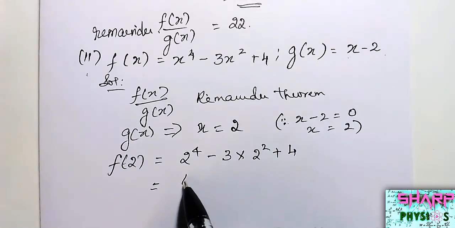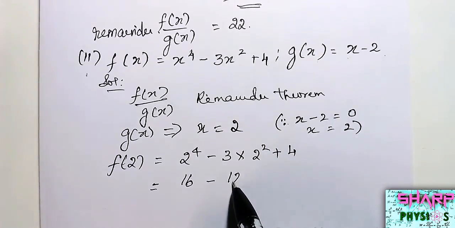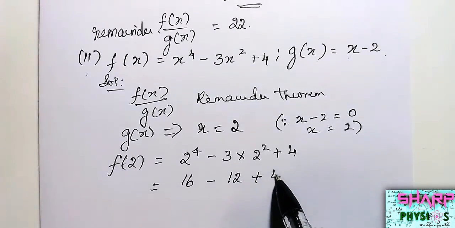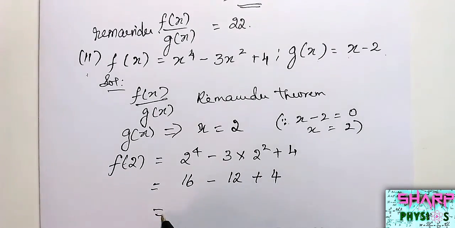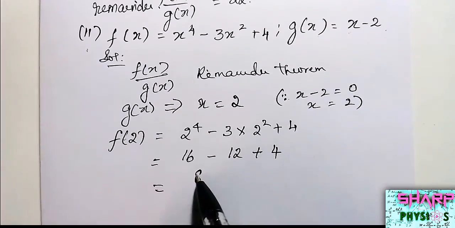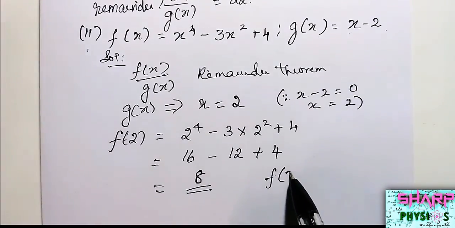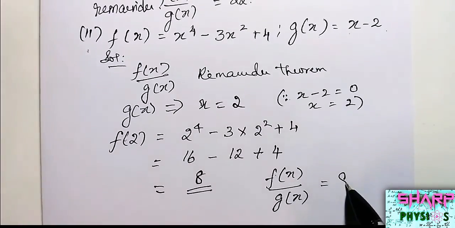To the power 4 it is 16 minus, 4 into 3 it becomes 12, plus 4. When you reduce this, you get the answer 8. So by the remainder theorem we get an answer 8. F of x divided by g of x, the remainder is equal to 8.